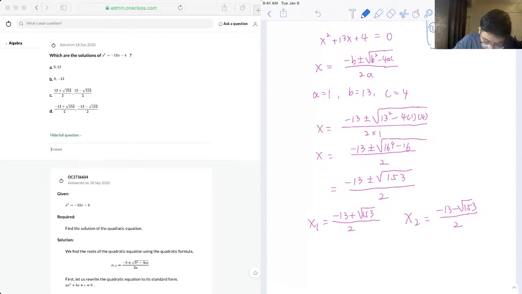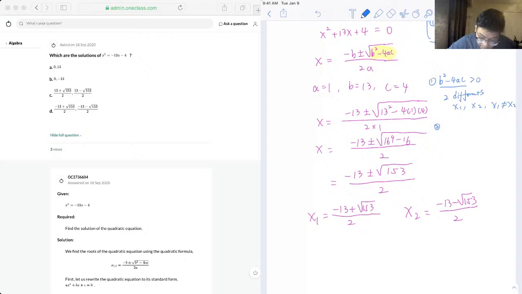So remember this part. At the beginning when we apply the quadratic formula, b squared minus 4ac, right? After we calculate b squared minus 4ac, if this number is greater than 0, we're always going to get two different roots, x1 and x2, where x1 is not equal to x2.